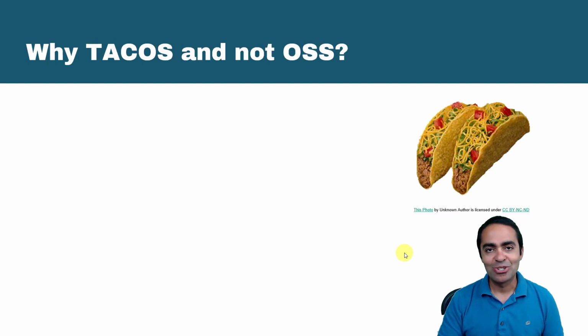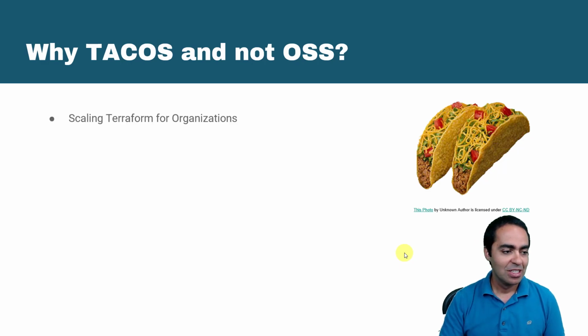Okay, so TACOS, and why not just use open source Terraform? You might have heard me talk about this before, but as you're scaling Terraform in an organization, you're no longer running Terraform with maybe one person, two people, or just a small team. Now you're scaling Terraform for multiple users to use it.